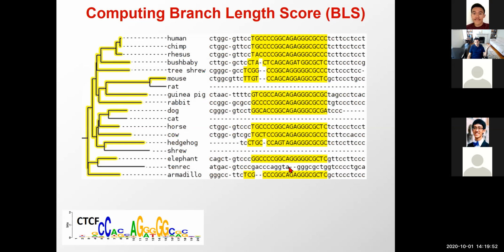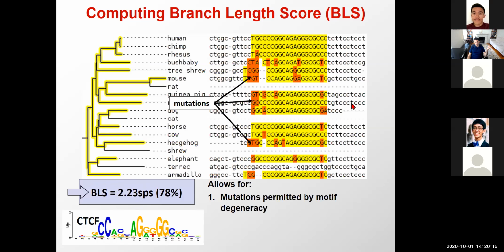And you can see here that the Tenrec genome has actually lost that motif occurrence. So we basically find that, for example, the CTCF motif instance at that location is conserved over this branch length, and we can just add the total branch length. And we're finding that the total branch length score here is 2.23 substitutions per site, okay?